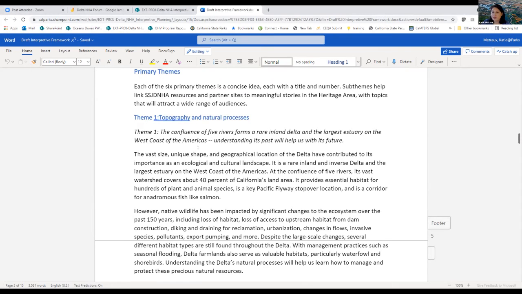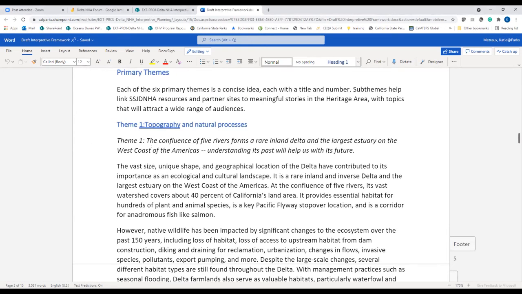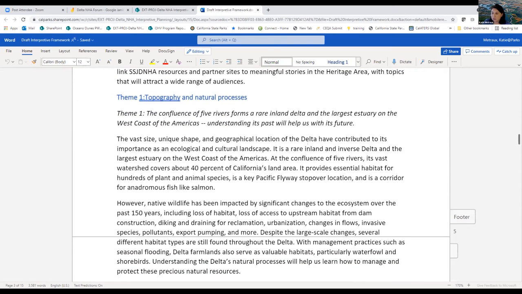For example, for the topography, if I can make it a little bigger. This is our revised theme. And we end with the title, Understanding Its Past will help us with its future. And then we wrote a narrative that goes with each one to explain the context of why this theme is important or how we came about it.